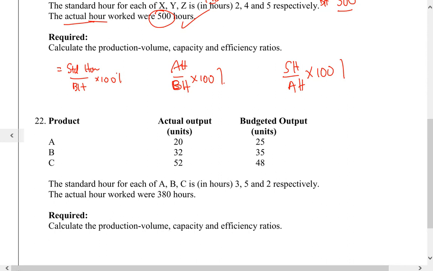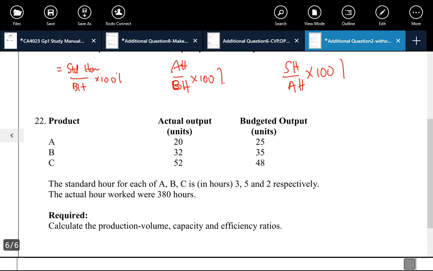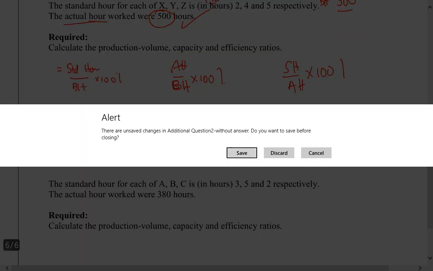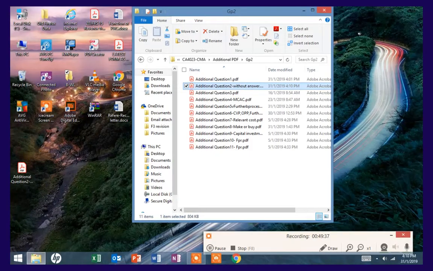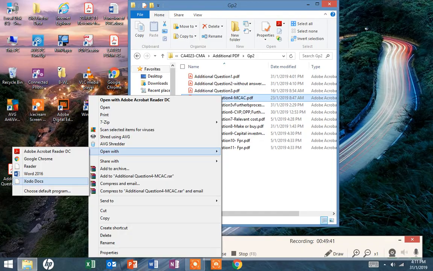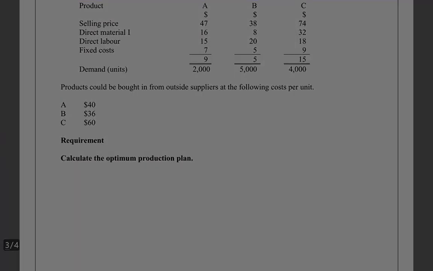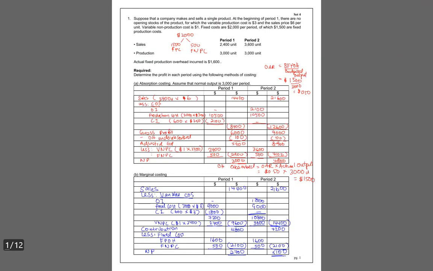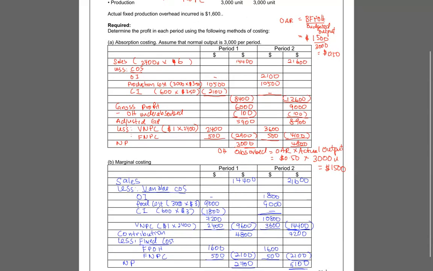Set 3 is on your depreciation. That one we skip. Depreciation. Set 4, MCAC. MCAC, right?